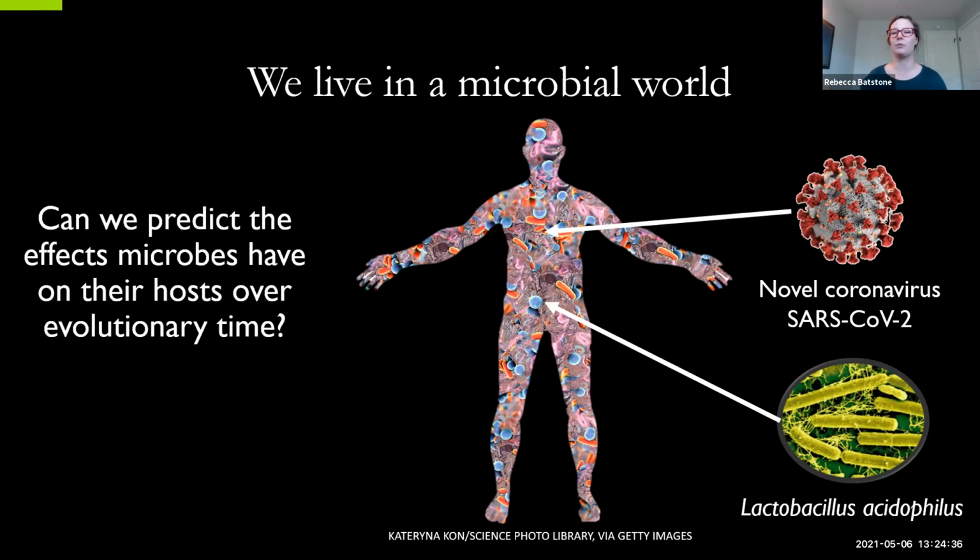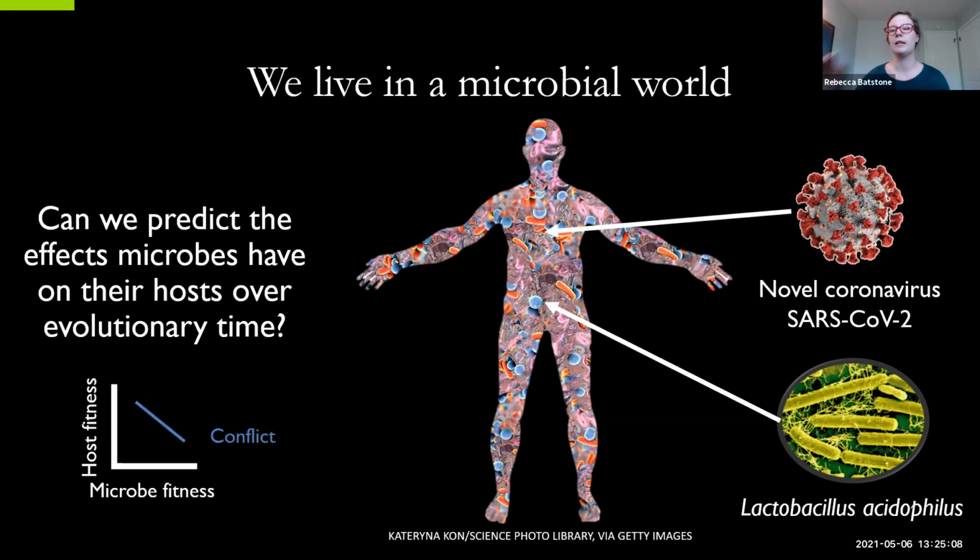So clearly, given this wide range in effects of these microbes, it becomes critical that we're able to predict how microbes will impact host health. And while microbiome science has begun identifying how microbial community composition impacts function and the knock-on effects on host health, we lack an evolutionary framework that can be used to predict how beneficial or detrimental these interactions will become over evolutionary time.